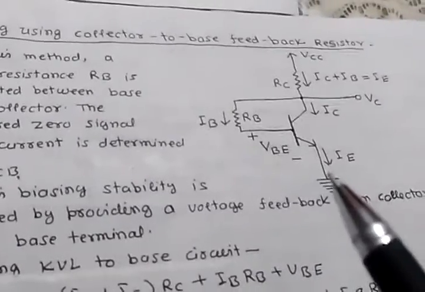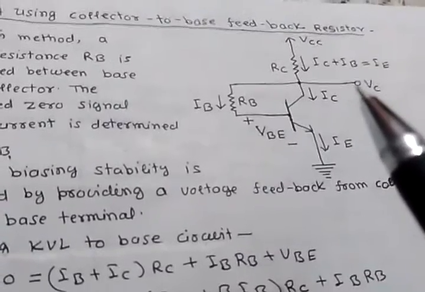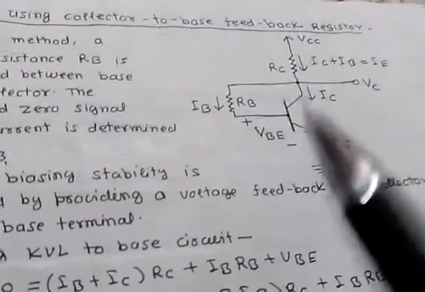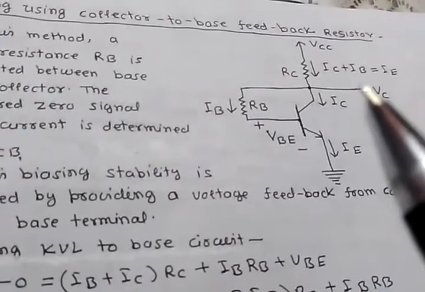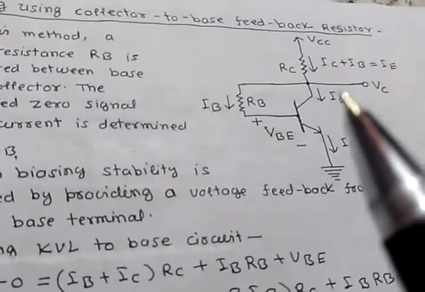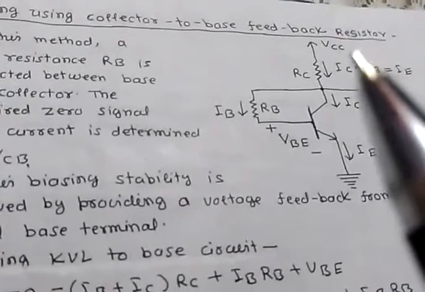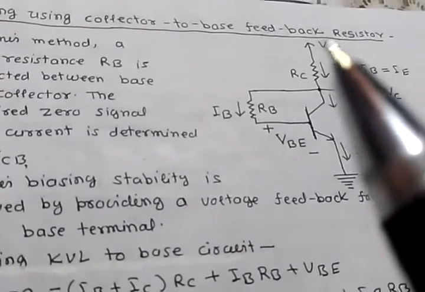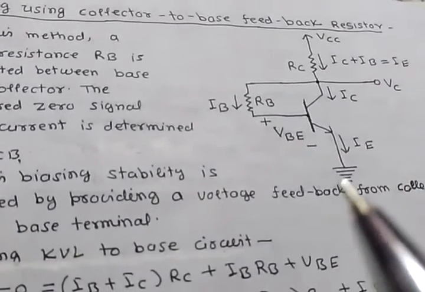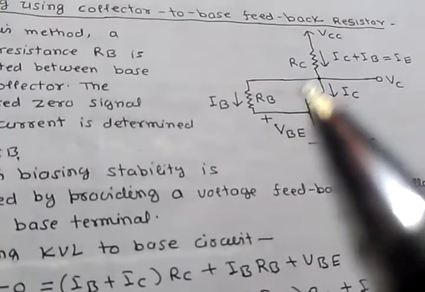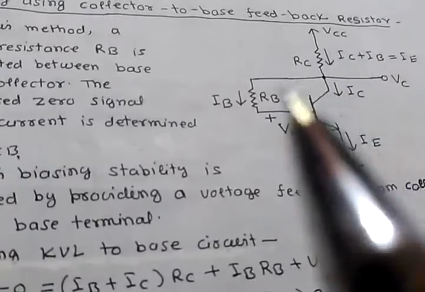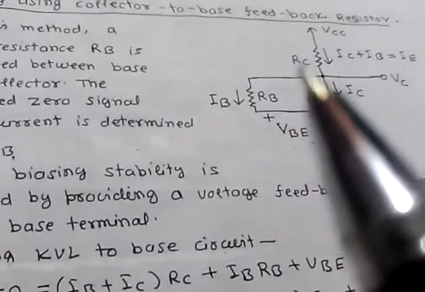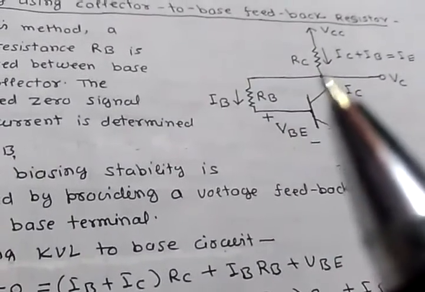To find the collector to emitter voltage, we will use the collector circuit. For the collector circuit, we can write the KVL equation as VCC minus 0 equals the voltage across RC plus VCE. So the voltage across RC will be RC into IC plus IB.